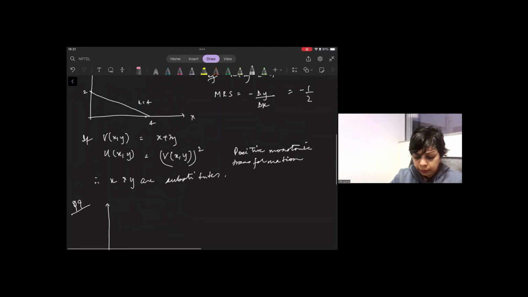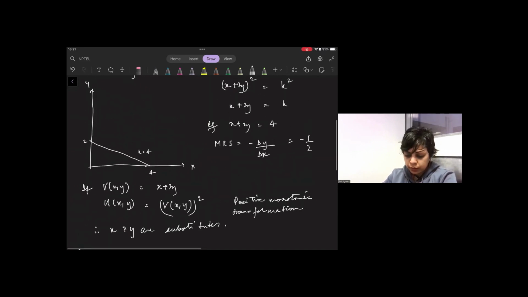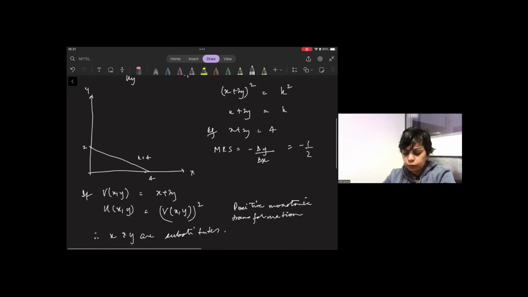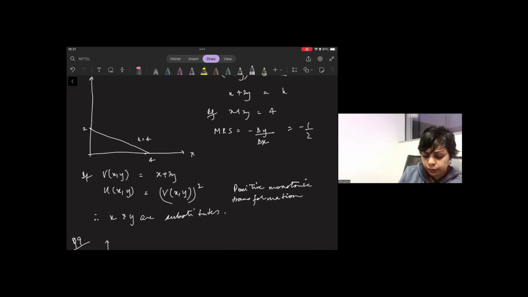Before I do that, let's just see what we were doing here first. When we calculated the MRS in this previous example, we saw that delta y by delta x is equal to minus half. In that case, we were getting 1 unit on the y-axis and 2 units on the x-axis to maintain a constant utility of 4.